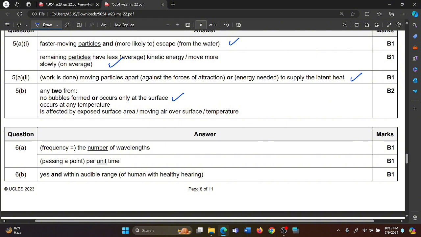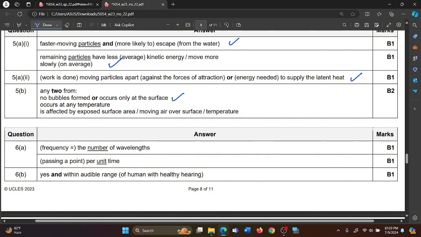It says no bubbles formed or occurs at the surface, which means we can't write these two as two different points. We need to write either of these two. If you write both, we just get one mark. If you write one of them, you'll still get one mark. Thus, we cannot count both of them.